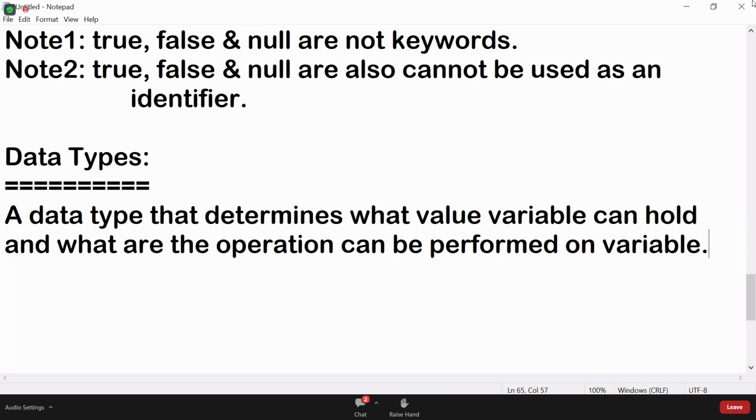Data type means not only the type of data. Data type decides what value a variable should contain, and what operations can be performed on the variable.